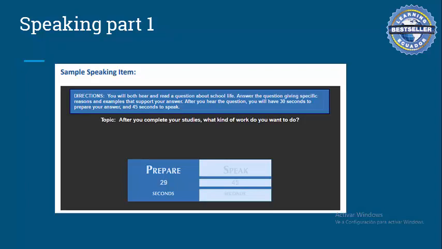The topic: after you complete your studies, what kind of work do you want to do? And there on the screen it says prepare, and you have, well, now 29 seconds, and then it prompts you to speak, and it shows you how many seconds you have. That's 45 seconds. Okay, so this is the way it appears on the screen.